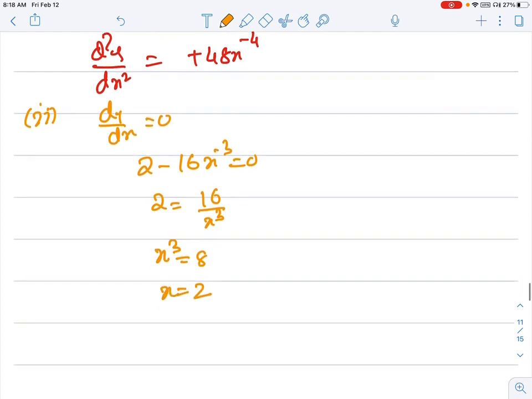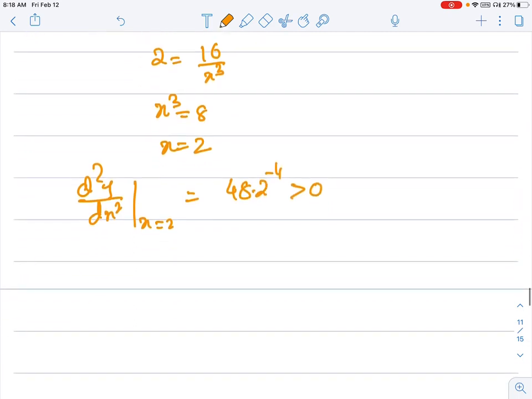Now I need to check whether it is maximum or minimum. So substitute x is equal to 2 in the second derivative, 48 times 2 to the power of minus 4. I need not simplify the value, just find it is greater than 0. So as d square y by dx square at x is equal to 2 is positive, the curve has a minimum value.